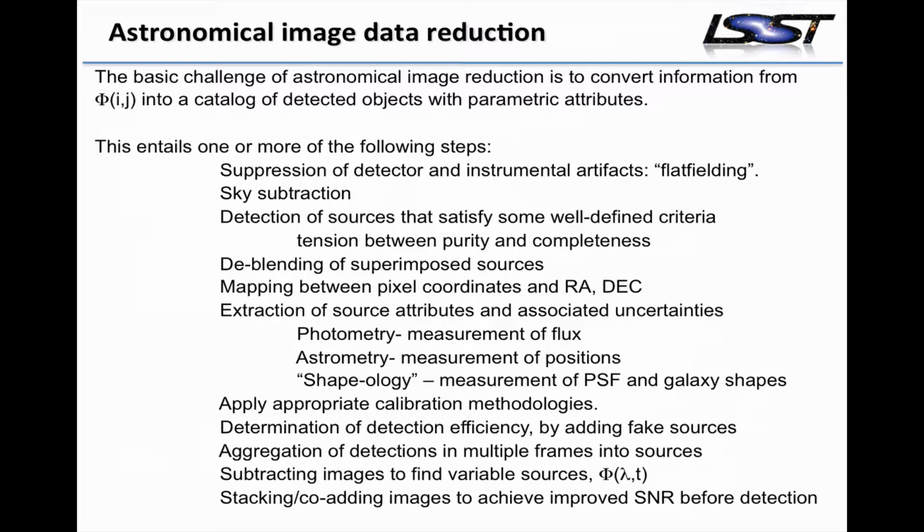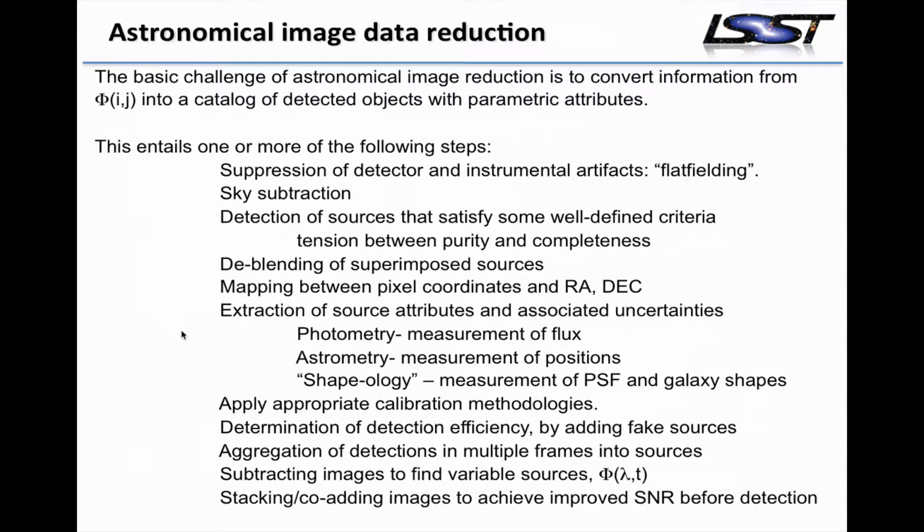And so the aggregation of individual detections across images taken at different times into a clear representation where the primary entity is the source on the sky is a non-trivial task. Another step in this image reduction process is to try to make a mapping between pixel space in XY and right ascension and declination on the sky.